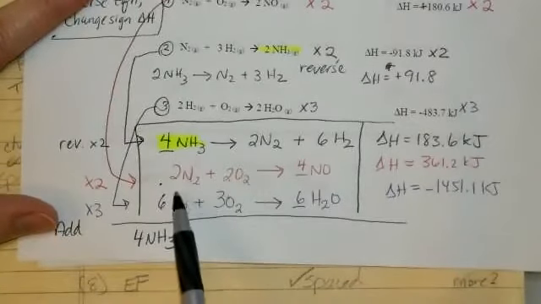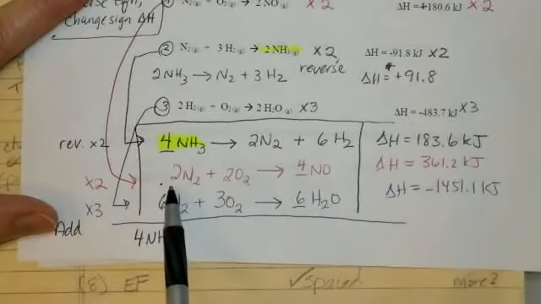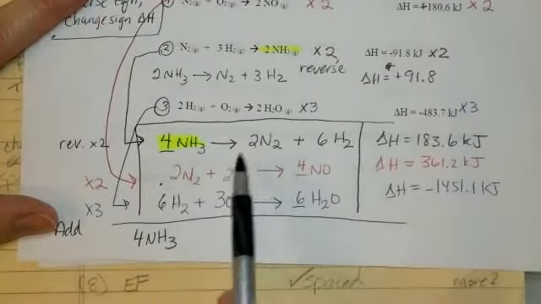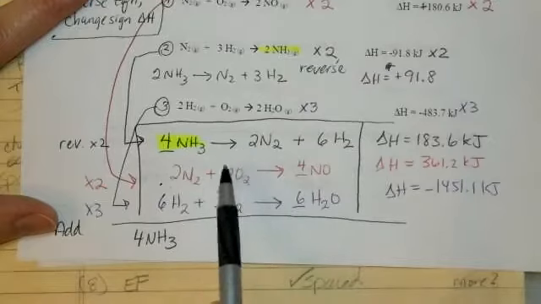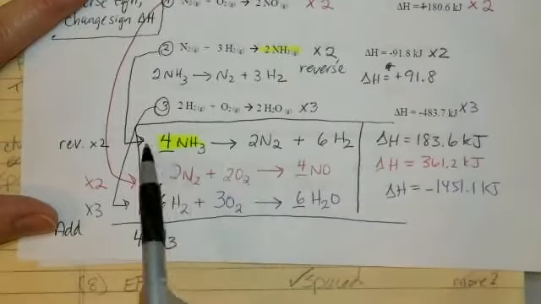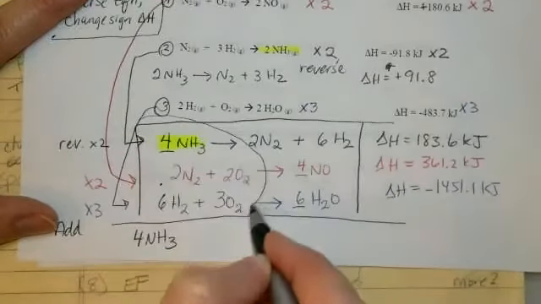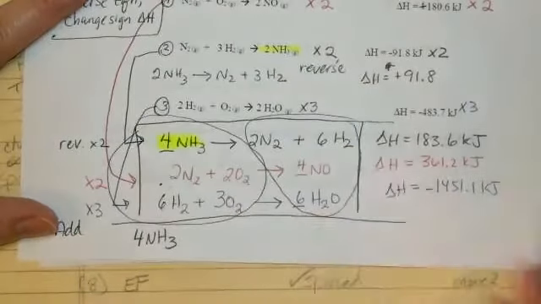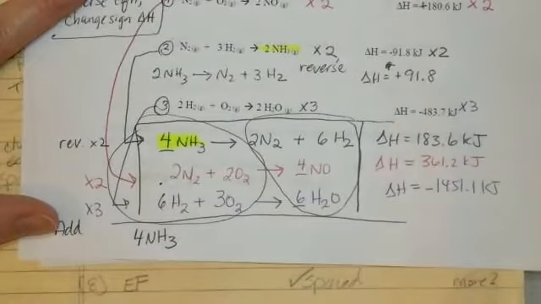Now let's look at the next equation. I've got 2 nitrogens, but on the first equation, I have 2 nitrogens. So when I add these together, all of my reactants are equal to all of my products. So what I'm going to do is look for like terms that will cancel out.